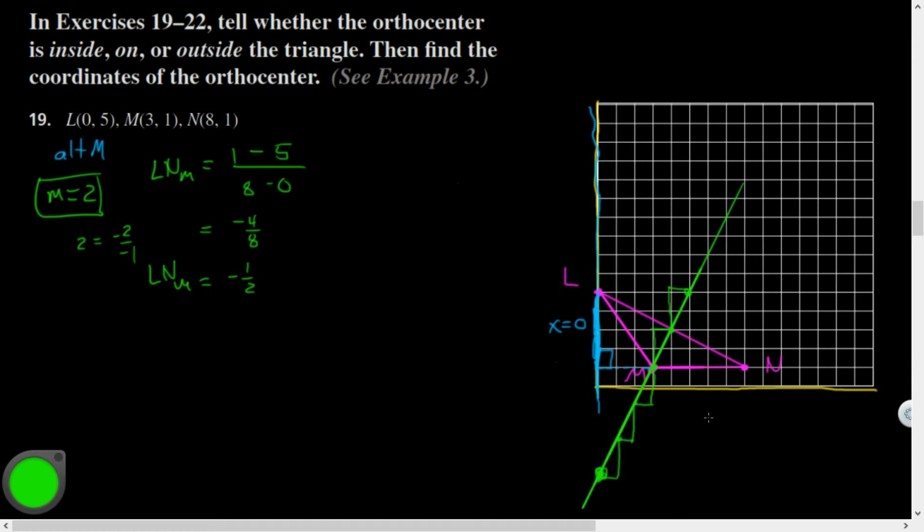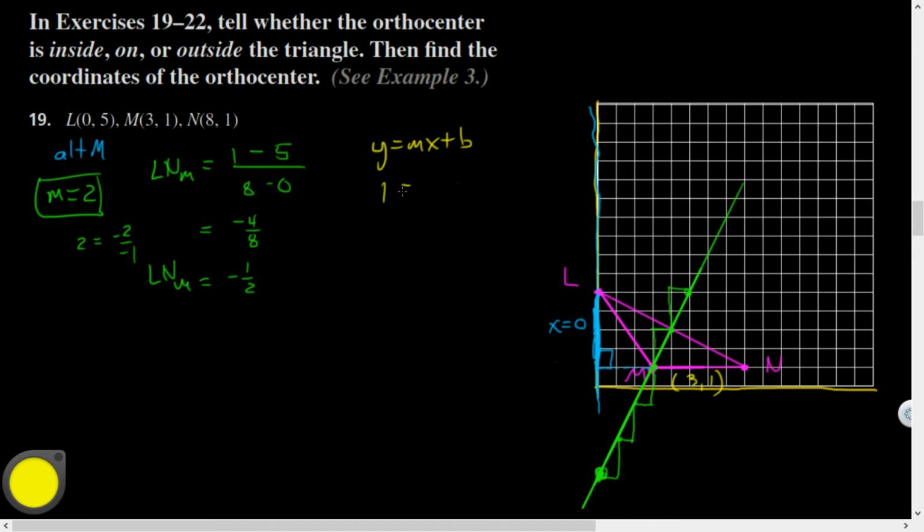And that is going to be the orthocenter. All right, I'm going to do this for you algebraically real quick, as fast as I can. Here we go. To find the equation of this green line, I need to use the fact that it has a slope of 2 and it passes through M, M being (3, 1). So I'm going to plug that in for y equals mx plus b.